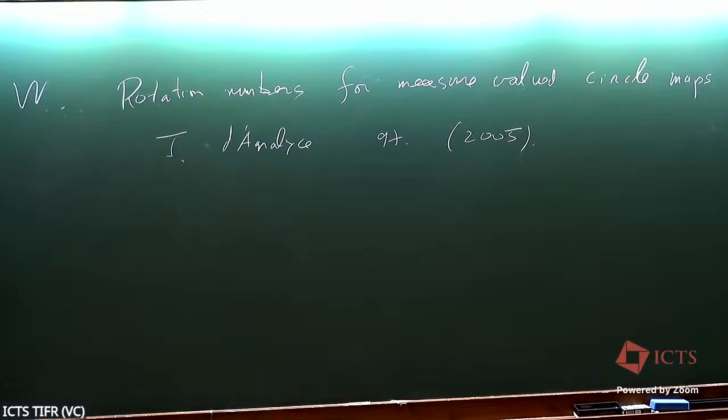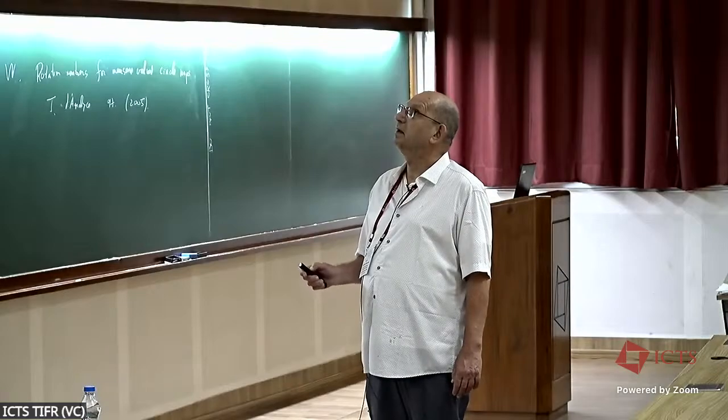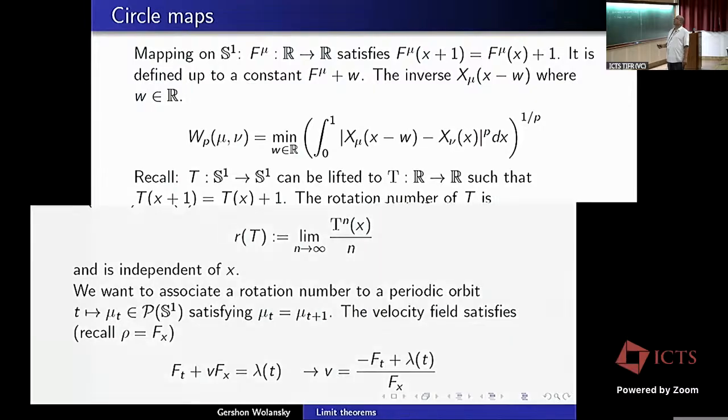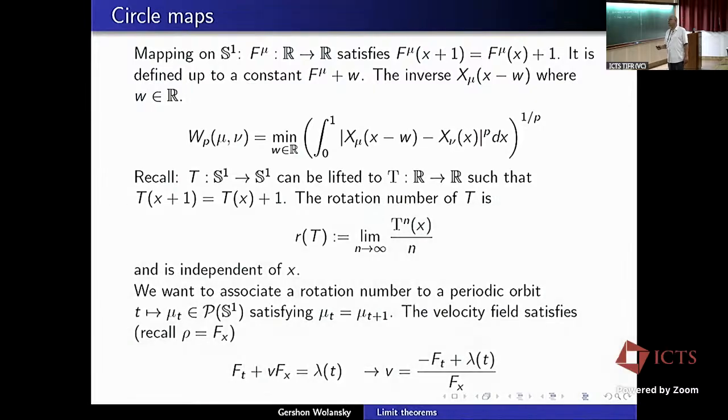On the circle, we can consider the circle to be R mod Z, R mod 1, and we can consider the cumulation function to be a function from the real line to itself, which is monotone, which has this property.